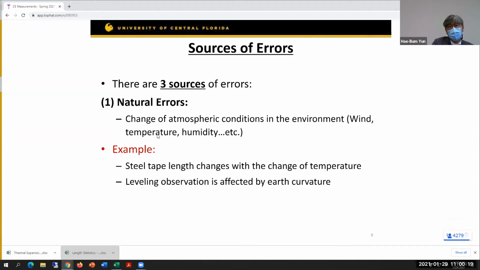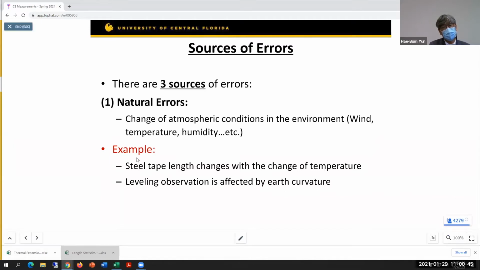There are three sources of errors. The first one is natural errors. A natural error is a change of the atmospheric conditions in the environment. For example, wind, temperature, or humidity can affect your measurements, and that is called a natural error.